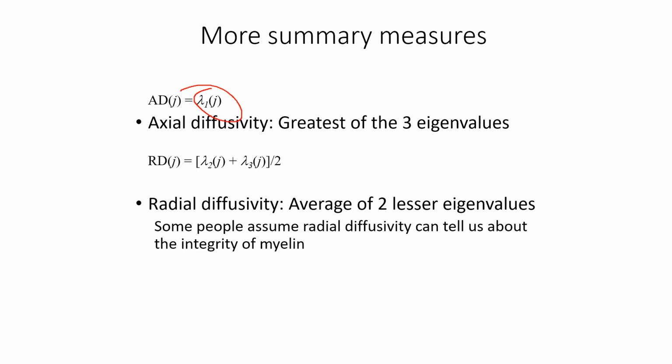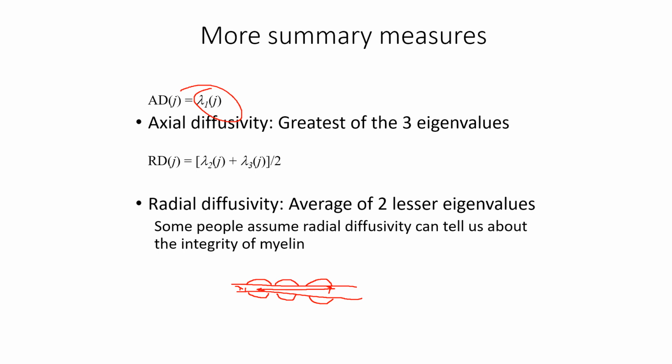So if we think about it, if we have our axons and we have our myelin that's wrapping around, our primary diffusion in this case, lambda 1, is going to be up and down the axon.